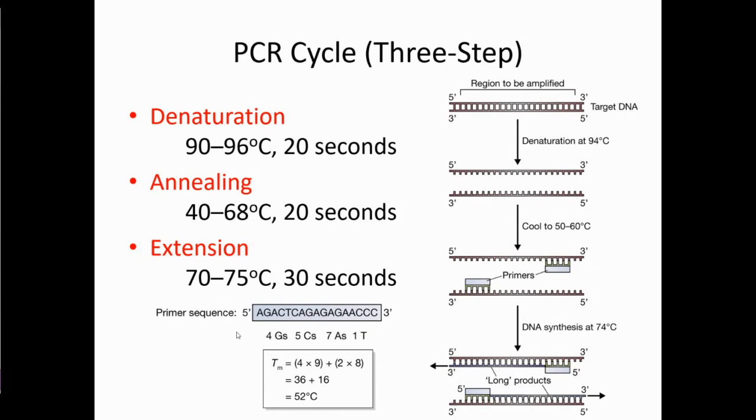And here is a simplified formula to calculate the melting temperature. The melting temperature depends on the number of G, C, A, and T in the primer.